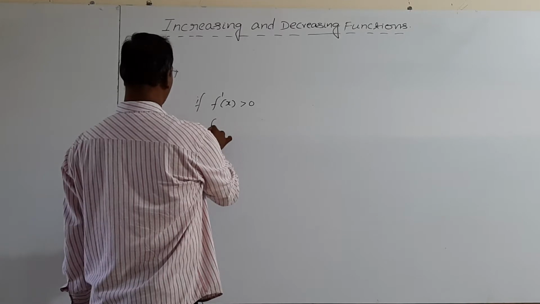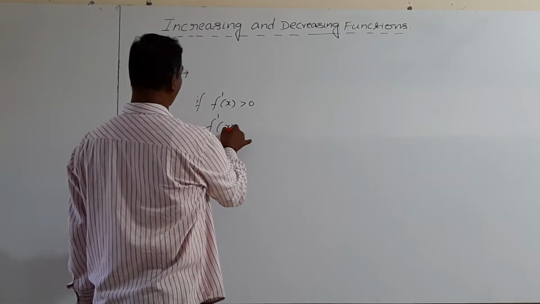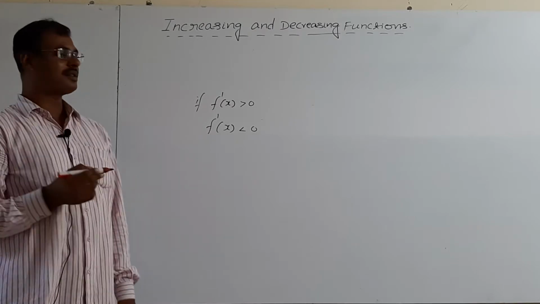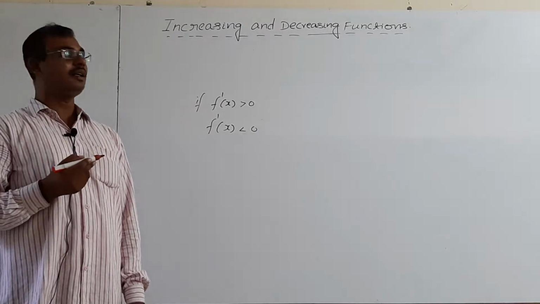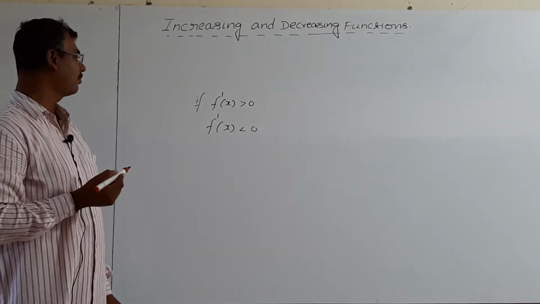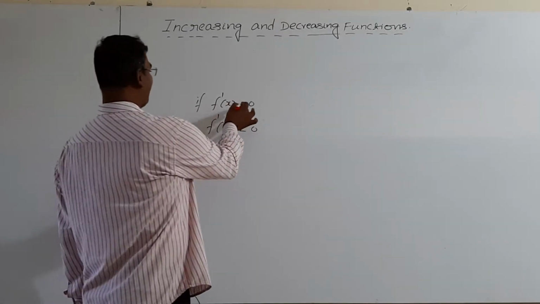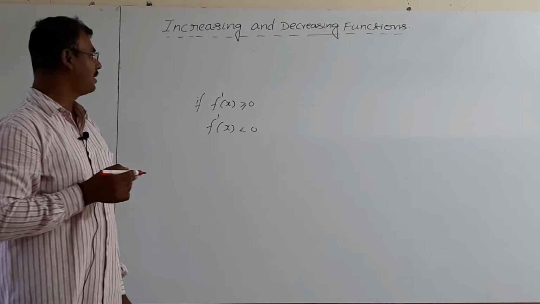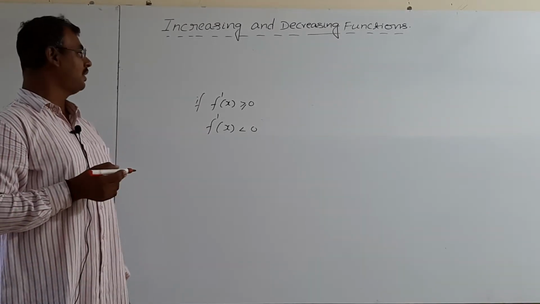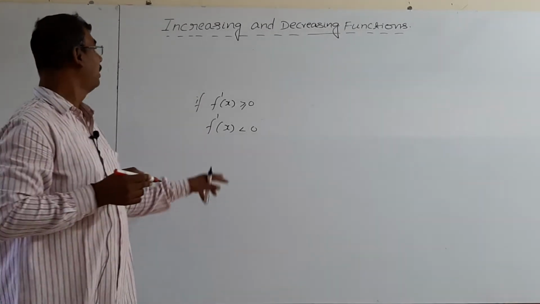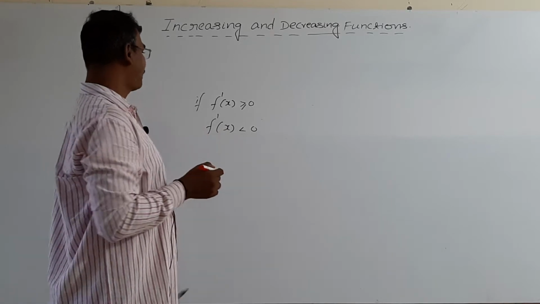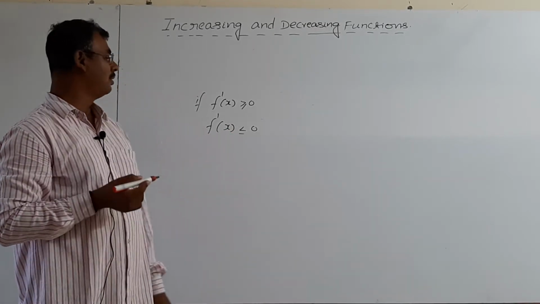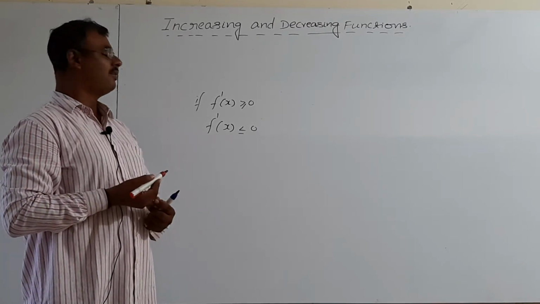If f dash of x is less than 0, then f of x is called a strictly decreasing function. If f dash of x is greater than or equal to 0, it is called an increasing function. If f dash of x is less than or equal to 0, it is called a decreasing function.